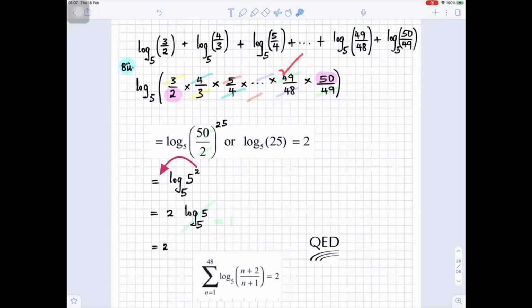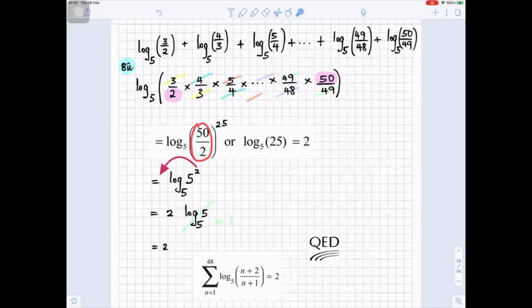This 49 will cancel with this 49. This 48 will cancel with the 48 there somewhere. So what you're left with is 2 and 50. So you are left with this 2 and you're left with this 50. The others would cancel each other out.